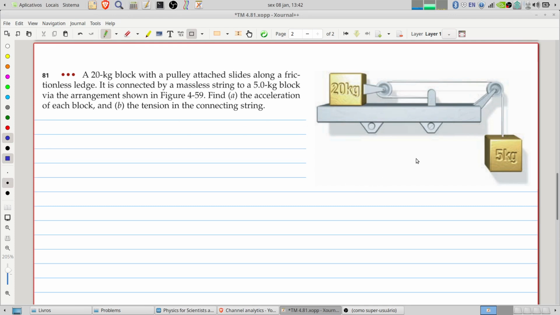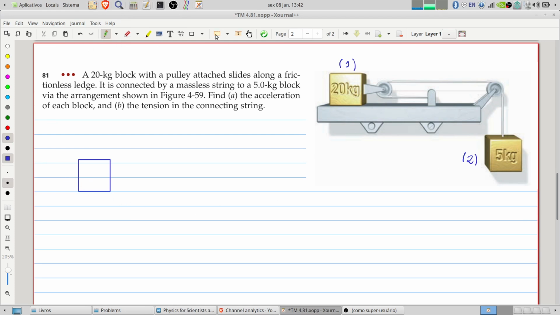Okay, let's start drawing the free body diagram of each block. Here we have the block of 5 kg. Let's call it number 2 and number 1 to identify the blocks. So here we have block 1 of 20 kg and block 2 of 5 kg.